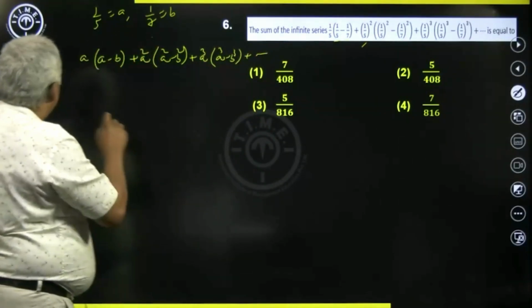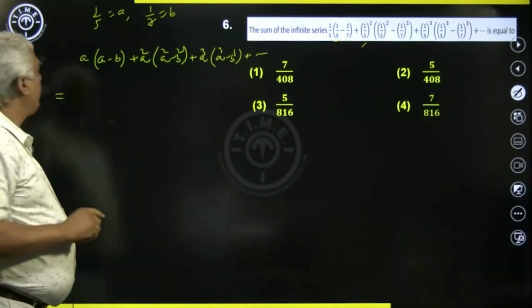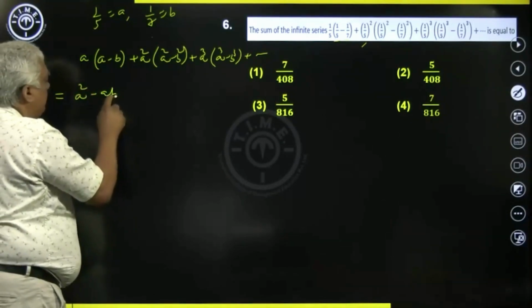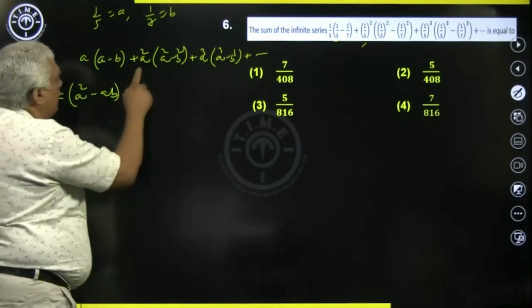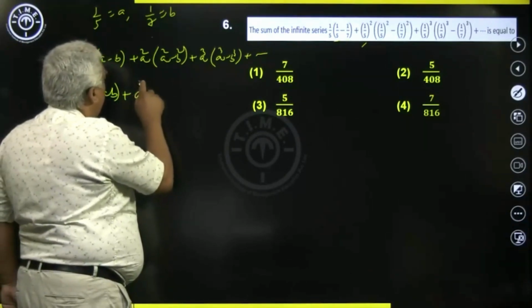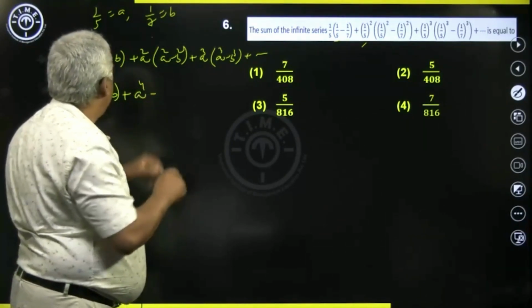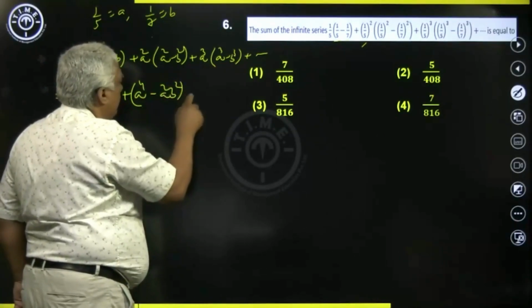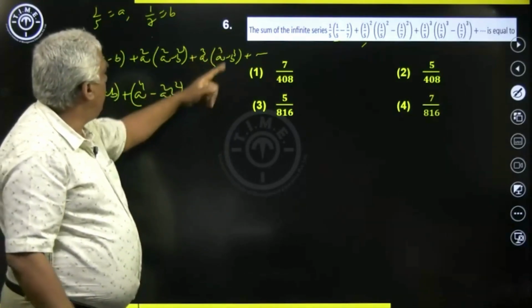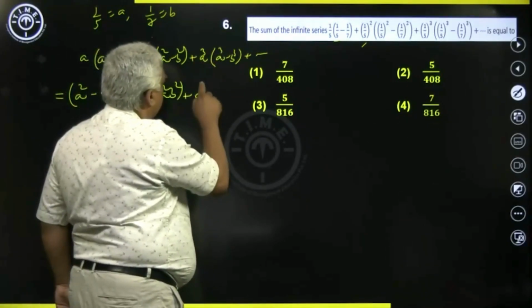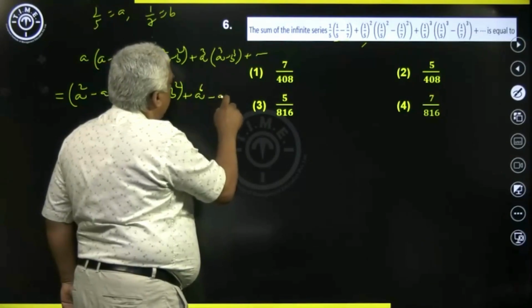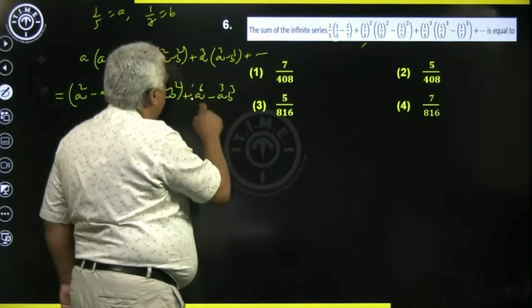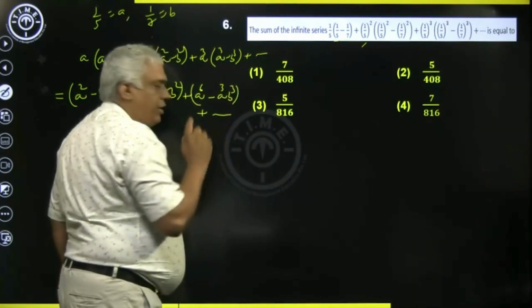So if I open the bracket, here I will get A into A, that is A square, minus AB. Here I will get A to the power 4 minus A square B square. Here I will get A to the power 6 minus A cube B cube, and plus so on.